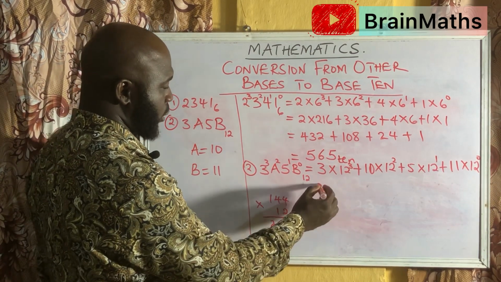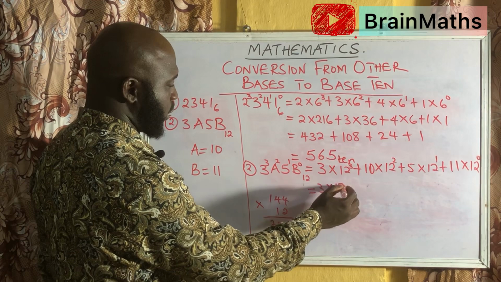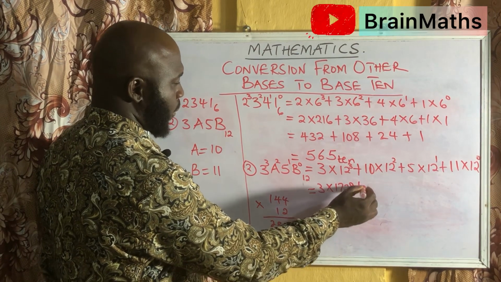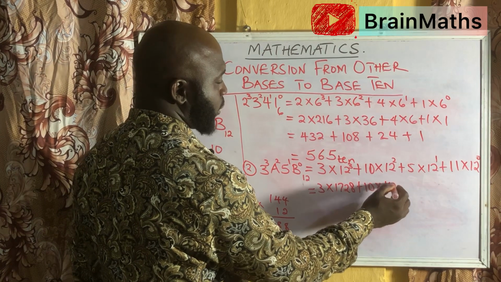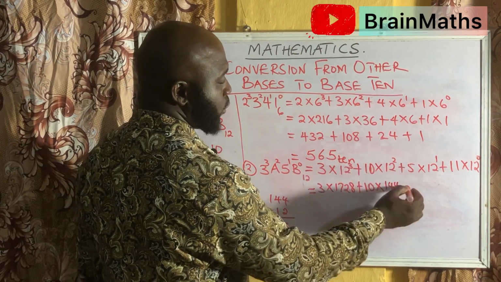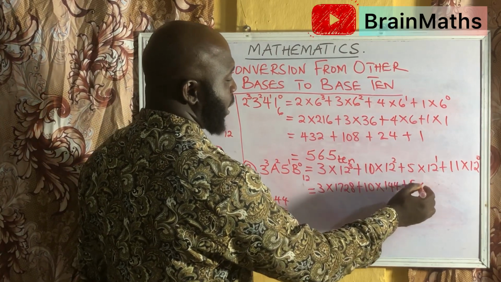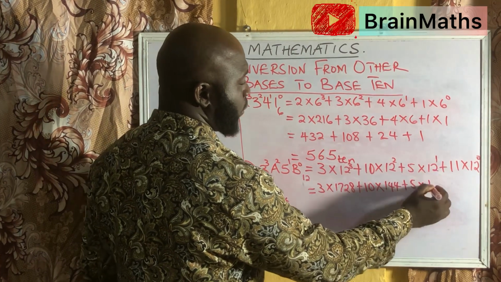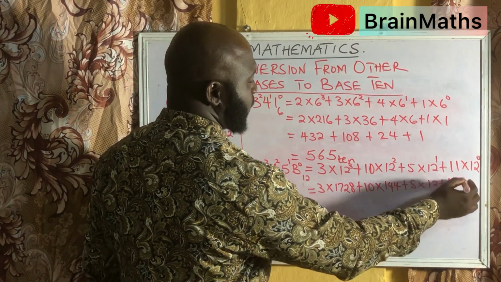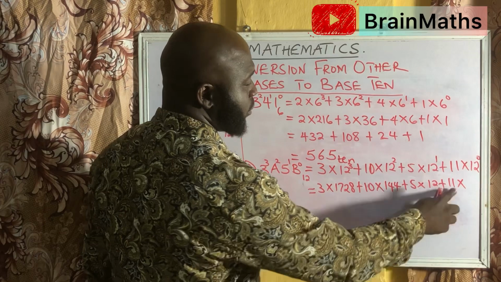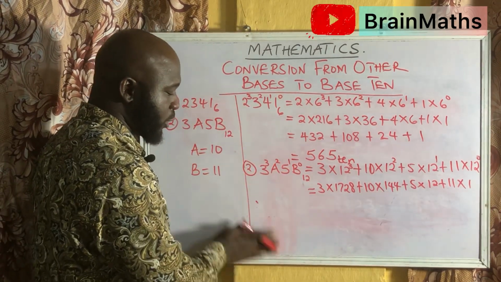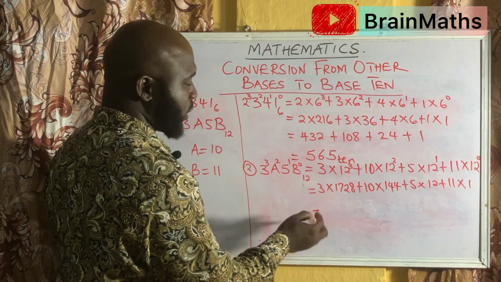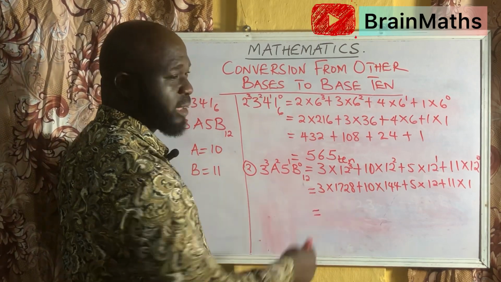So we have 3 times 1728 plus 10 times 144, that is 12 times 12, plus 5 times 12 raised to power 1 is 12, plus 11 times 12 raised to power 0, 1, and that is what we have for that expansion. So now what is left for us is to multiply this out.